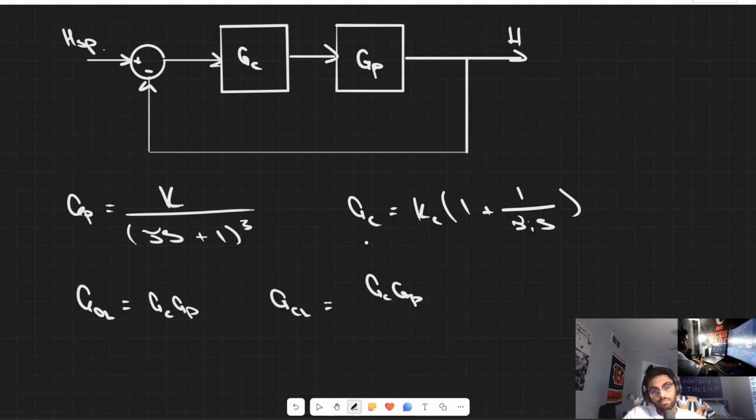In this case, our open loop and our transfer functions in the forward direction are the same because we don't have that measurement device. So this is just transfer functions in the forward direction over 1 plus transfer functions in the open loop. If we had GM here, the GM would show up in the bottom. But for right now, that's just going to be GC times GP. So this is now our closed loop transfer function.